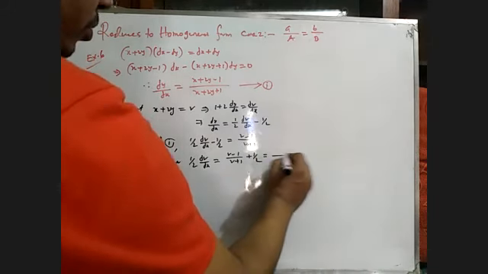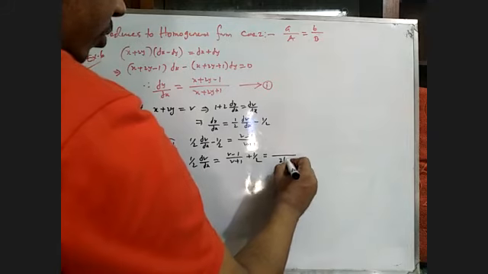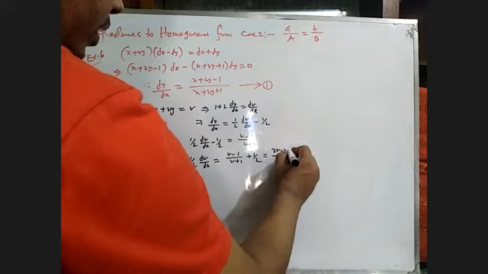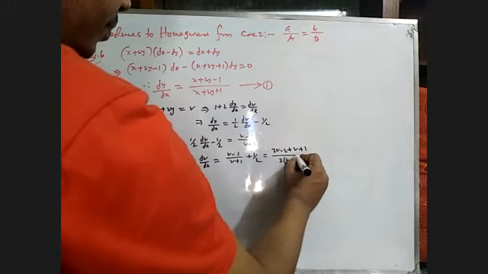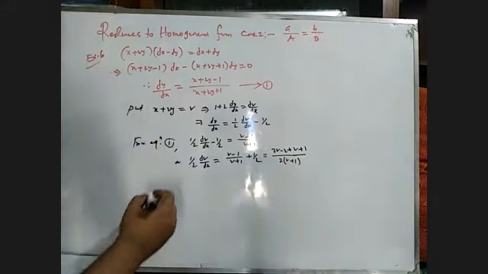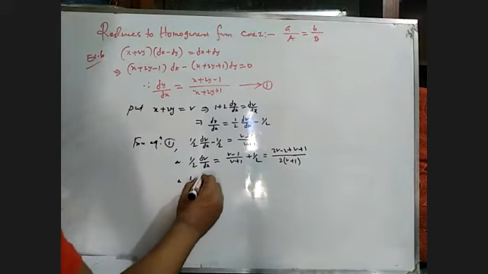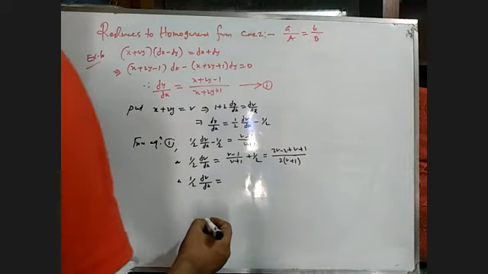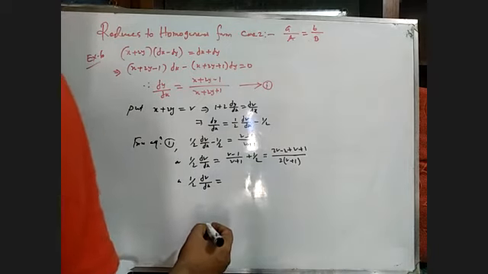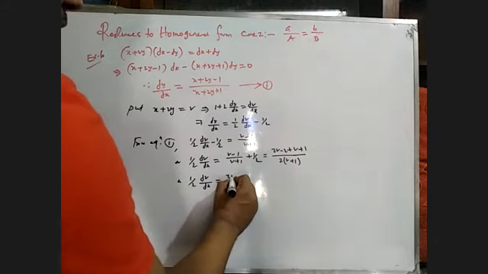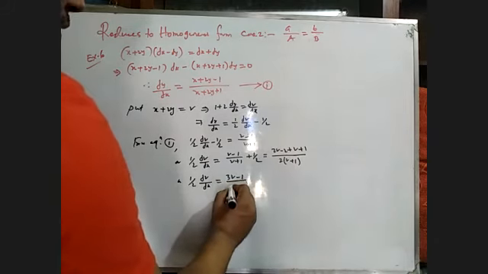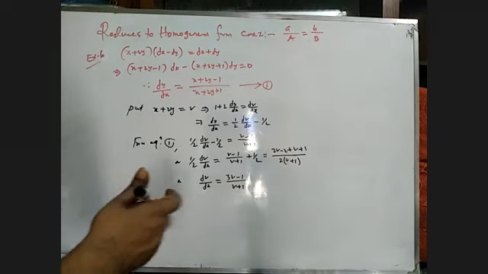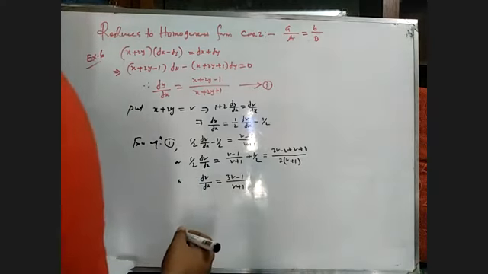The LCM will be 2 into (b plus 1). So 2b minus 2 plus b plus 1. This can be written as thrice b minus 1 over b plus 1, multiplying by 2 on both sides. Now variable separable.